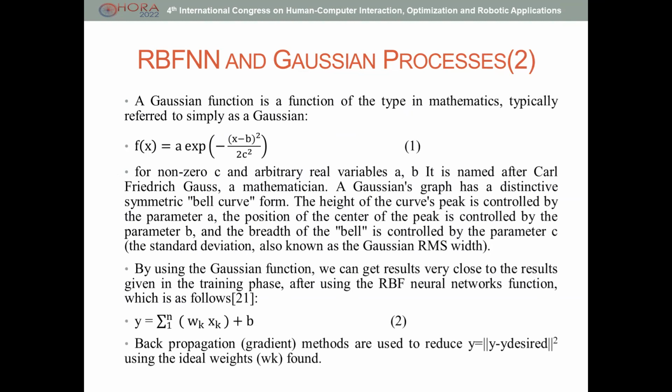And we have another function for the RBF, radial basis function neural network, which is a summation of weighting and parameters as inputs plus bias.